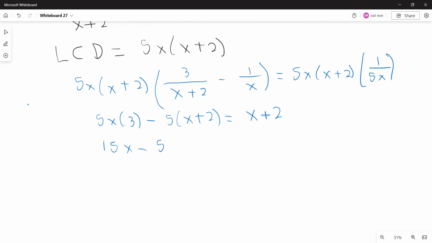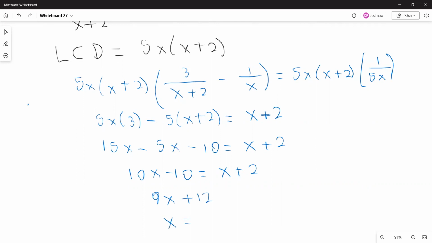Okay, so we're going to solve the linear equation. Next, let's simplify. So that's 15x minus 10 equals x plus 2. And then subtract x from both sides. We have 14x. And add 10 to both sides, we have 12.